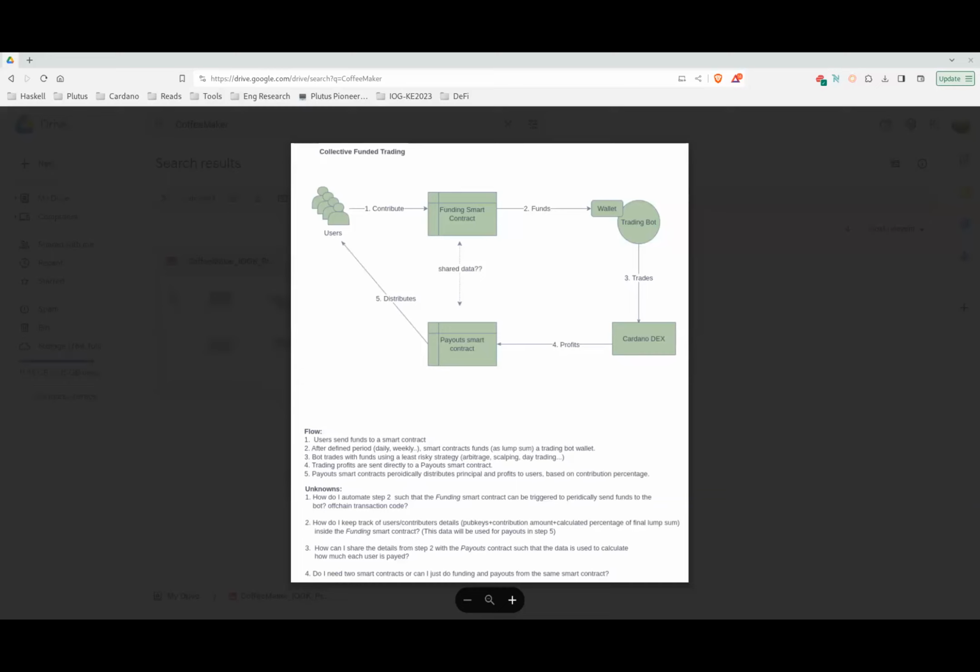You could just set up a wallet and ask people to send funds there. Of course, they can't force you to give it back, but because of this trading bot, they have to trust the trading bot anyway. You would write some off-chain tooling that monitors this address, and each time somebody sends money there, you log that.